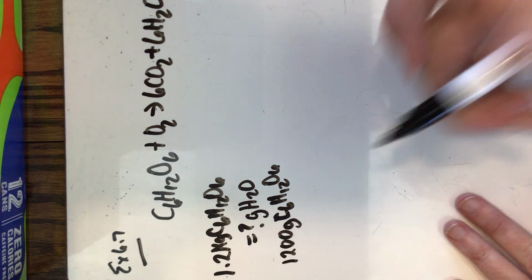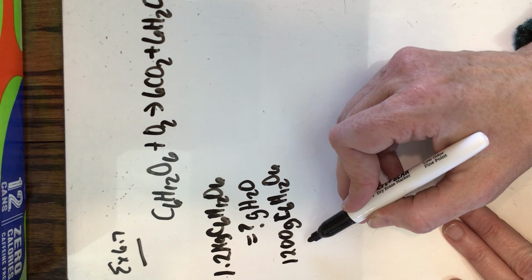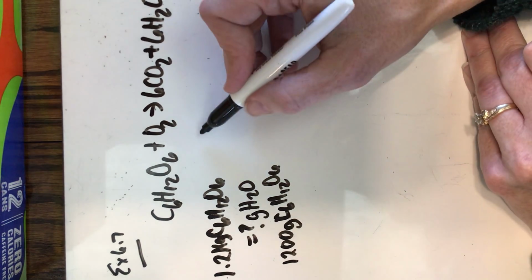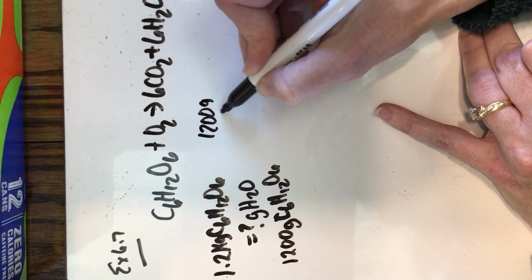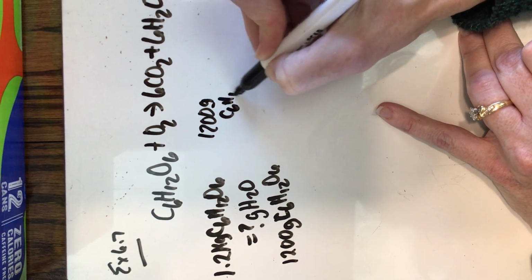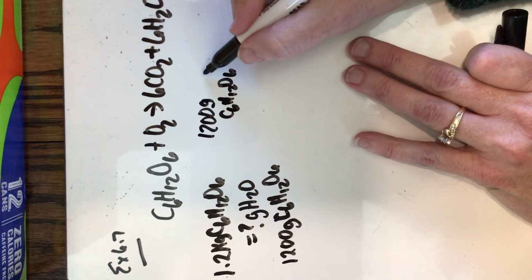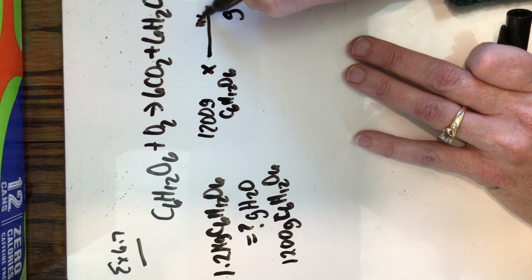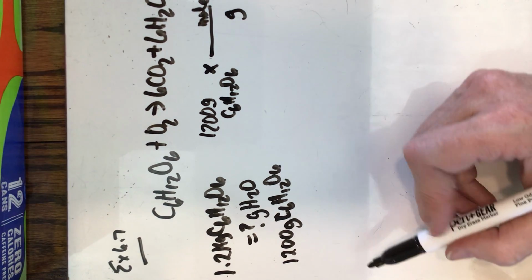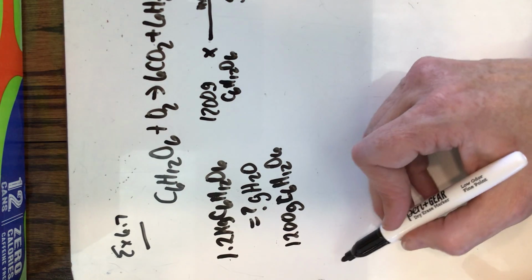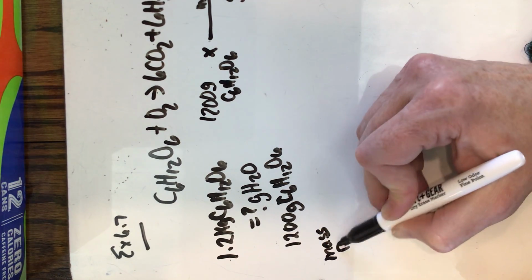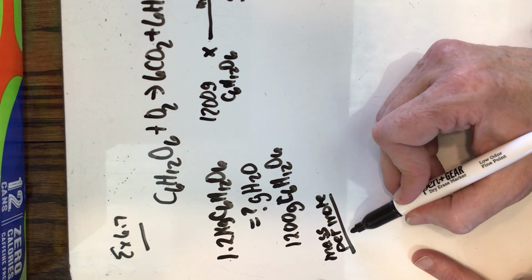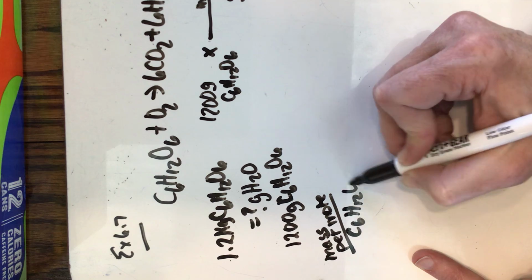So the first thing I'm going to do is take the number of grams and convert it to moles. So 1,200 grams of C6H12O6, I have to convert that to moles. Well, how do I know how many grams are in a mole? I have to come over here and find the mass per mole of C6H12O6.